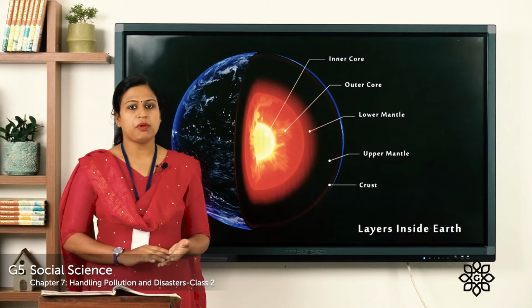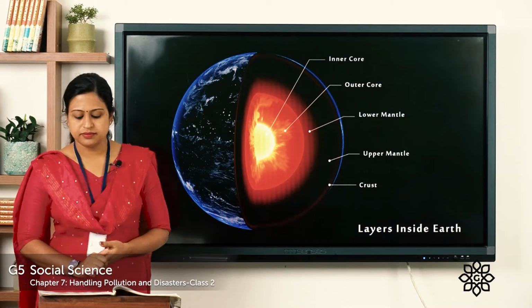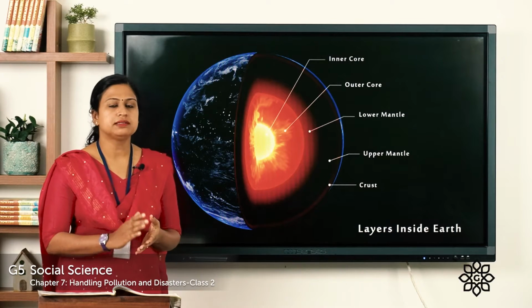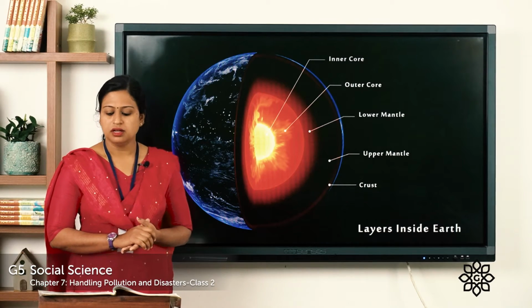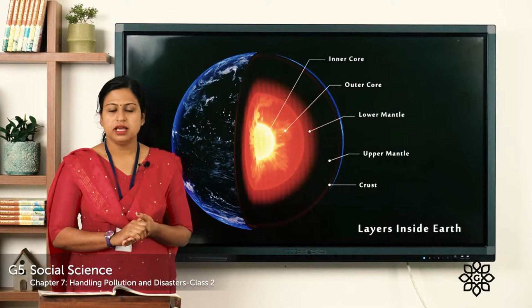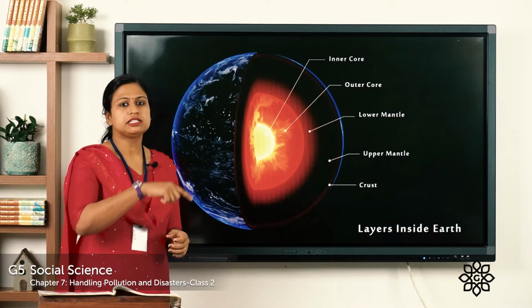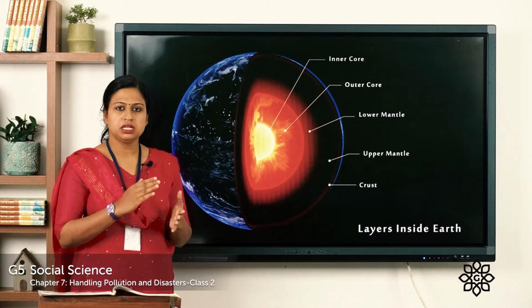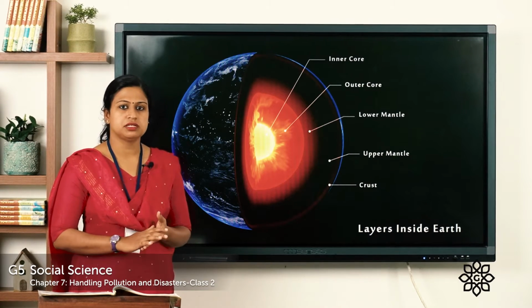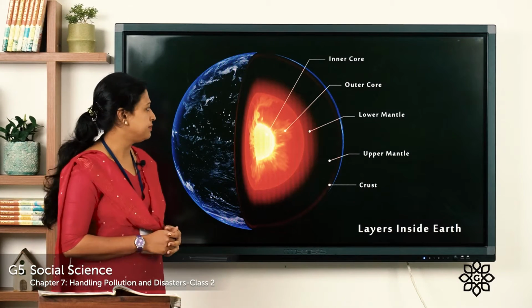The thickness is about 0 to 70 kilometer and it makes 1% of the total mass of earth. This is known as the outer layer of the earth and it is not a continuous wrap around the earth. It is made up of different pieces and these pieces are known as tectonic plates.